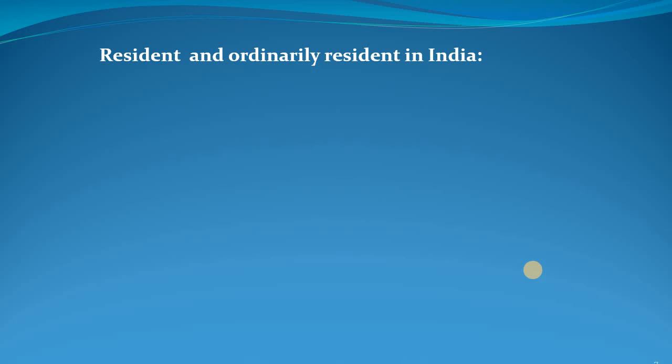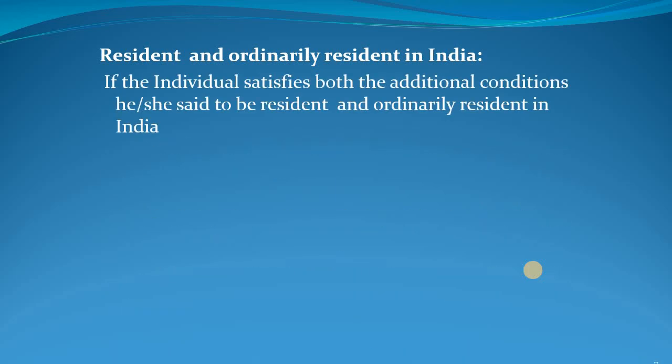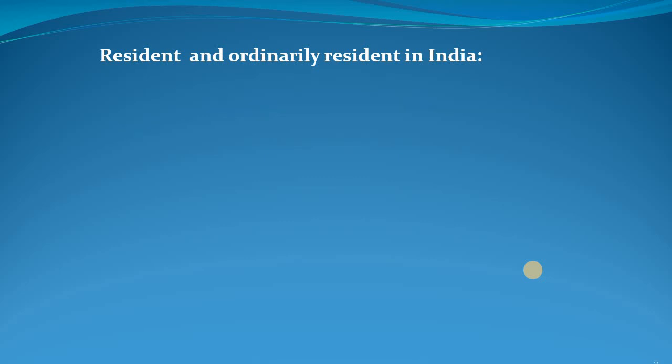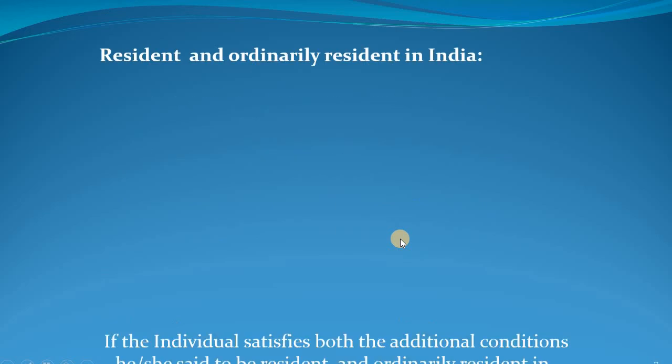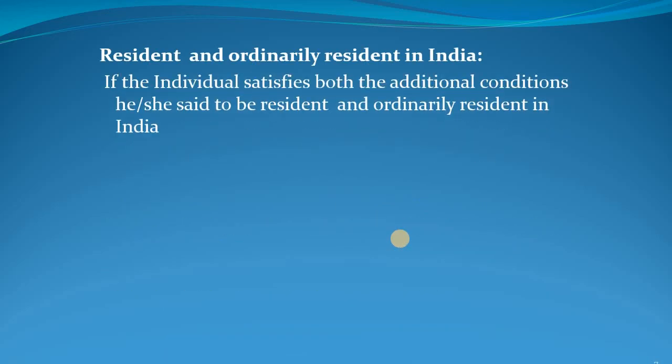So what happens? Who is a resident and ordinary resident in India? If the individual satisfies both the additional conditions, that means he has to fulfill both these 2 conditions, then he becomes an ordinarily resident.